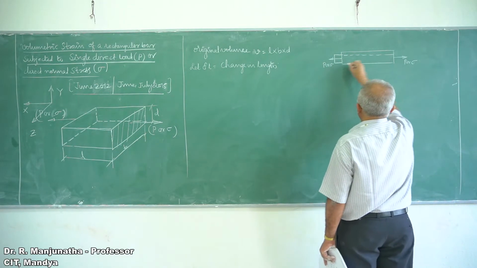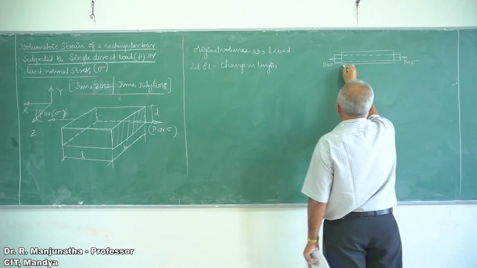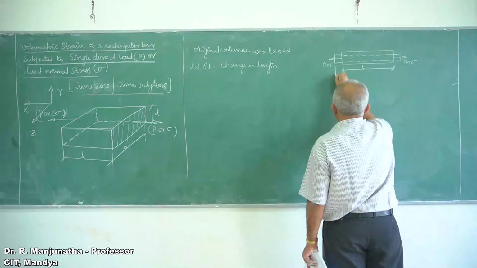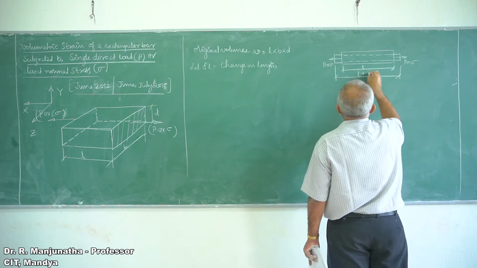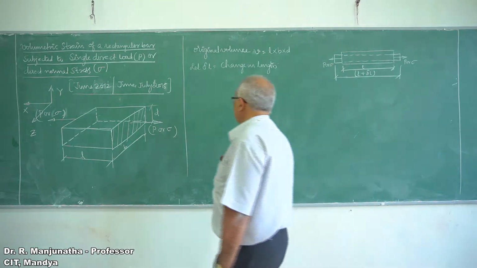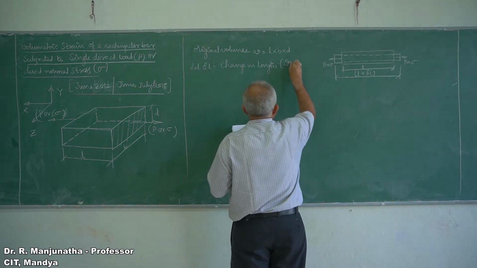So naturally this is the member we are going to get, this will be the original length and this will be the final length. We can recollect this particular sketch when we are considering the member here. So the change in length is naturally going to be an increase.